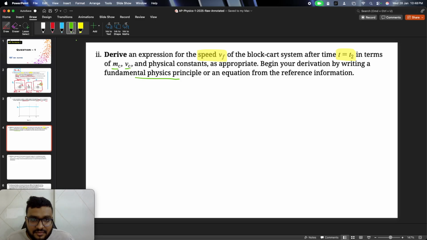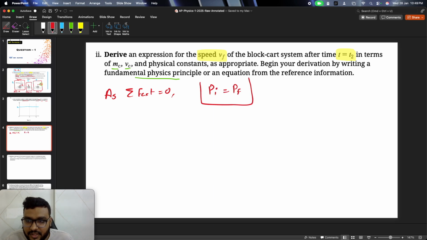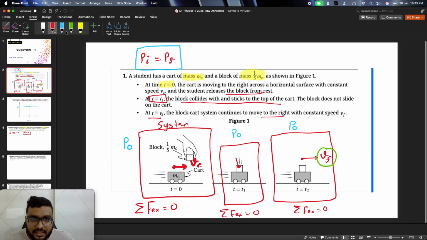Okay, as we just discussed, as the net external force is 0, momentum is going to be conserved. So initial momentum equals final momentum, Pi equals Pf. Now if I go back over here, what is the initial momentum?